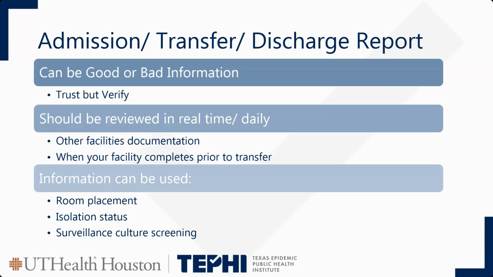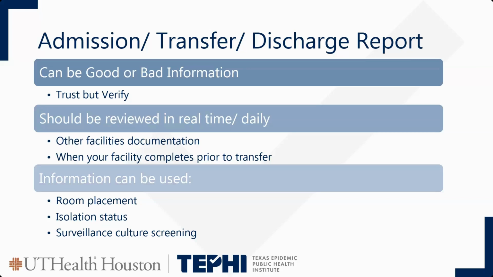And then based on the information provided to you from either your EMS providers, your transfer team, or the facility that the patient is coming into, you can decide what room placement, isolation status, and surveillance screening cultures need to be obtained. For the example that I was saying, a patient comes in from a nursing home with history of MDRO, but does not say site or source or date of the MDRO.